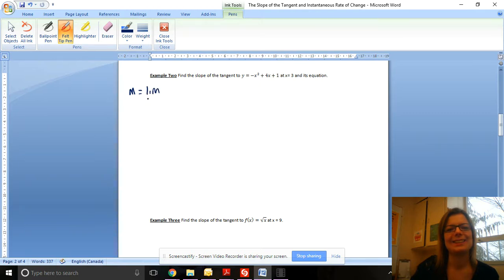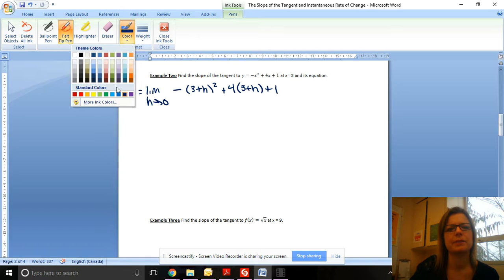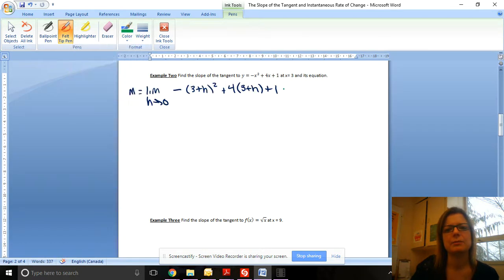All right, so it's the limit as h approaches 0 of, so we're going to put in 3 plus h in for x. So negative bracket 3 plus h bracket squared plus 4 times (3 plus h) plus 1. Okay, and I'm going to change to a different color because now we're going to subtract in big brackets, actually putting 3 into this function.